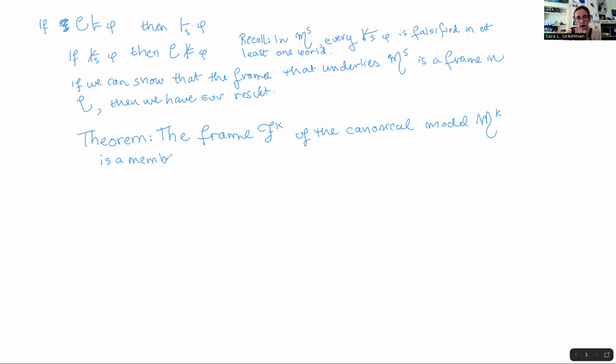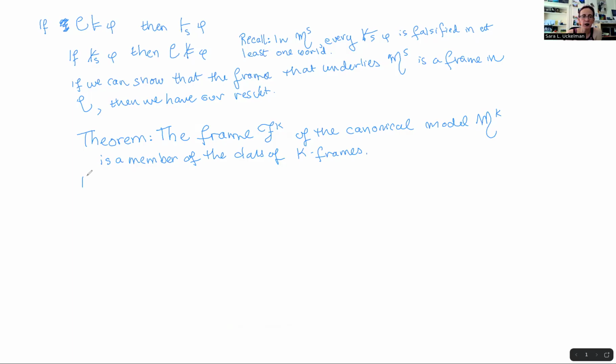So that is what we want to show. It's a member of the class of K frames, that is, frames which validate all the axioms of K and all of the theorems and everything.